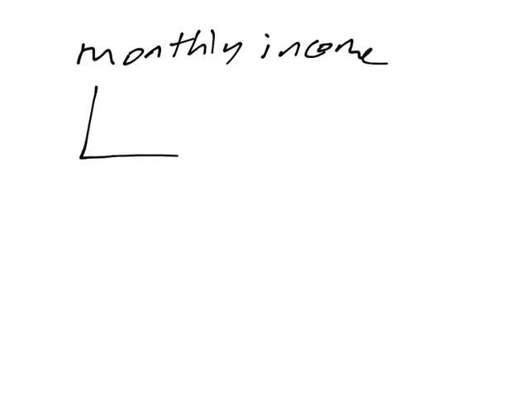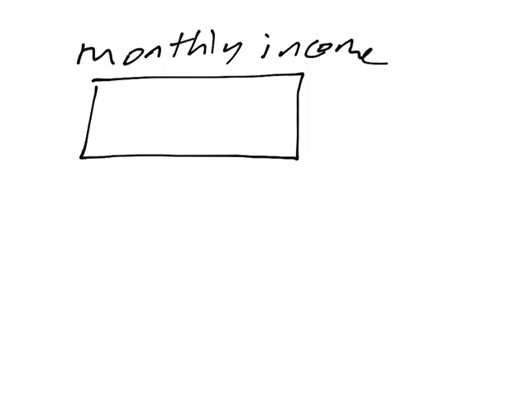So there are several ways to approach a problem like this, but one way to do it is to say that her entire monthly income, which is what we're looking to find out, can be represented with a rectangle. So if I can figure out how much money is in that rectangle, I'll have solved the problem.